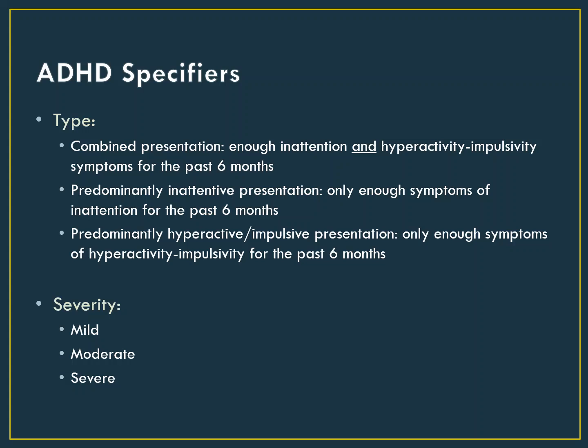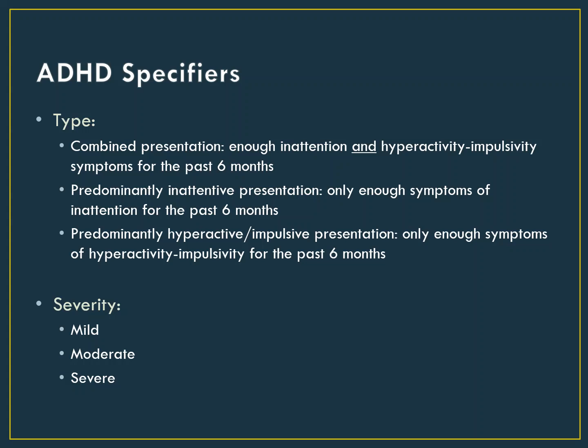Of course, the exception is if the person is age 17 or older, and then only 5 symptoms are needed in each category. I'm sure many of you have heard of ADD or simply attention deficit disorder. This is actually not a diagnosis. People may use this to refer to people with ADHD who only have inattentive symptoms, but the accurate diagnosis should actually be ADHD predominantly inattentive presentation.